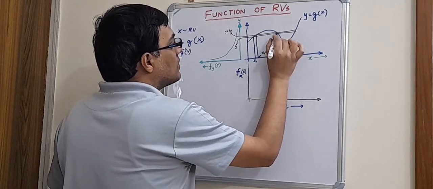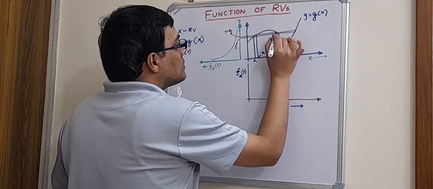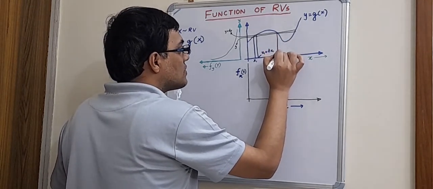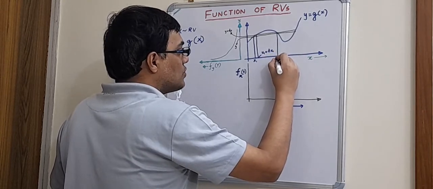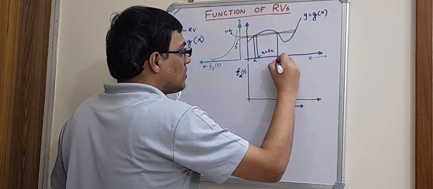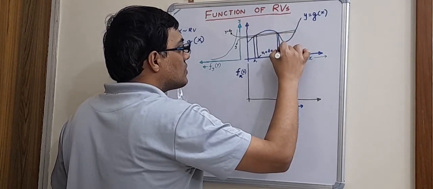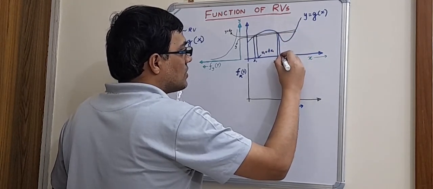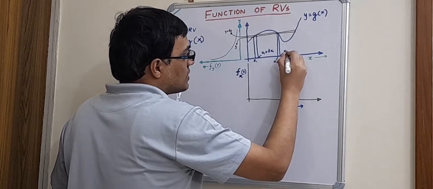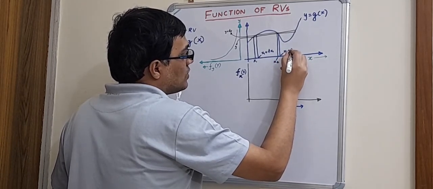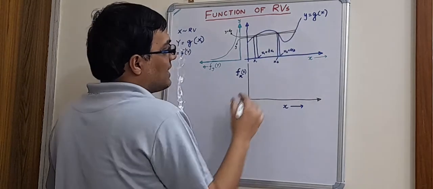Okay. So similarly, this is x2 and this is x2 plus dx2. Similarly, the last one, right?